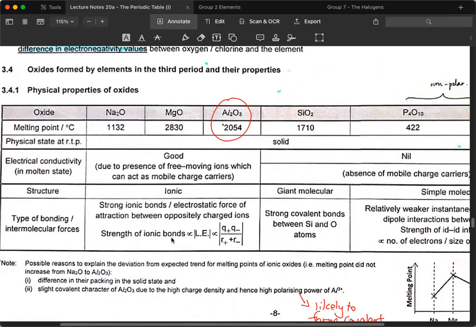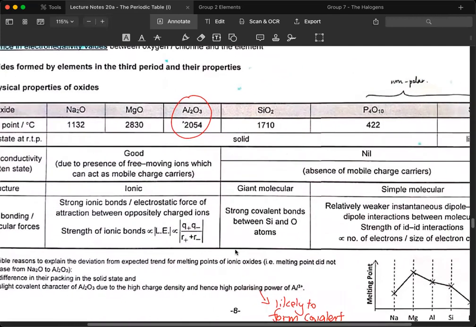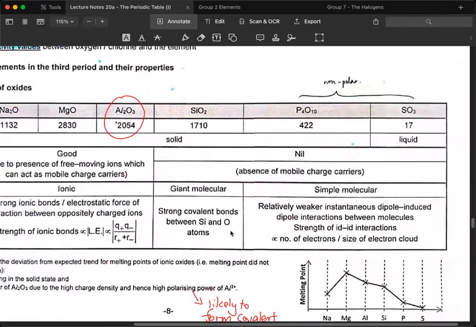The strength of ionic bonds is directly proportional to the lattice energy, which is directly proportional to the product of the charges of the two ions and inversely proportional to the sum of the radii of the cation and the anion.